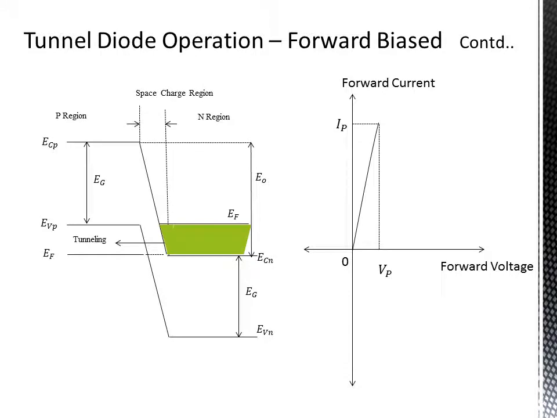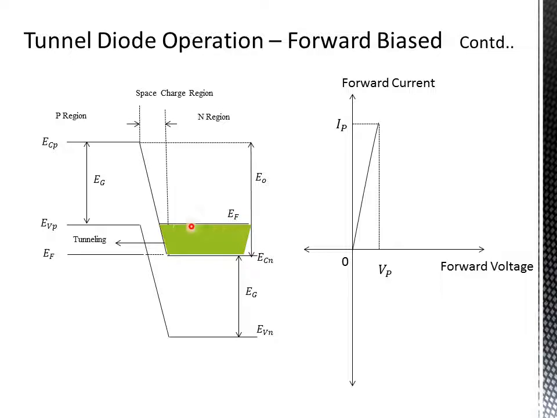In the tunnel diode, if we keep on increasing the forward voltage, the barrier height E naught keeps on reducing, and the conduction band energy level ECN keeps on moving upwards, and similarly the Fermi level EFN also keeps on moving upwards.